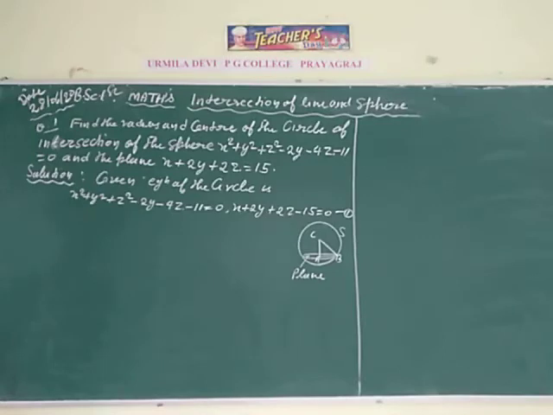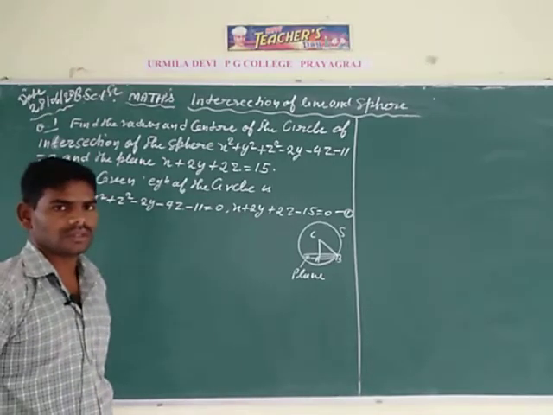For this, first calculate the coordinates of the center of the sphere, the given sphere x square plus y square plus z square minus 2y minus 4z minus 11 equal to 0.